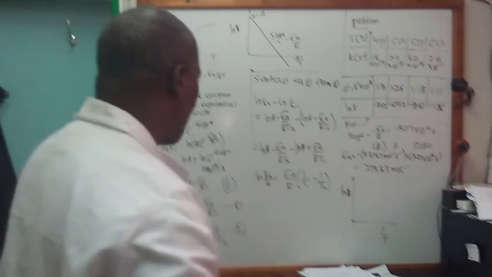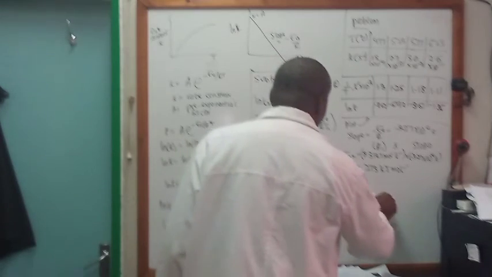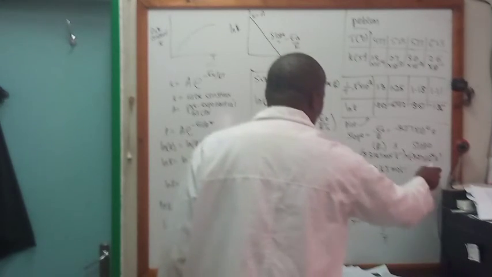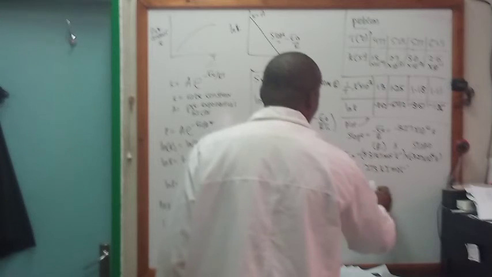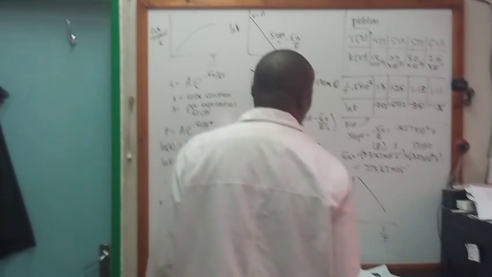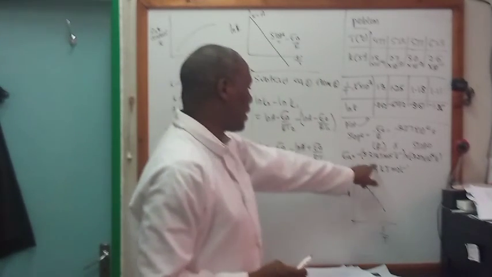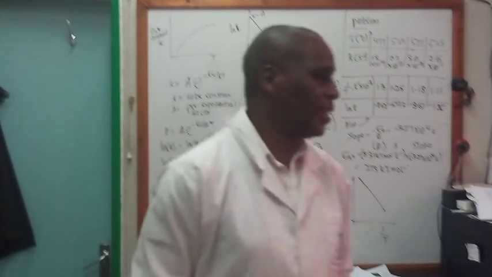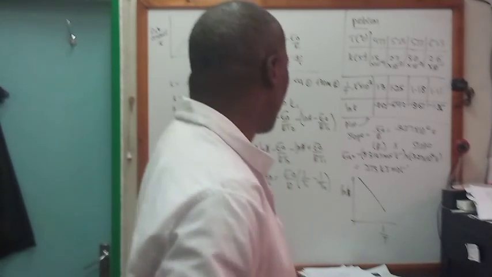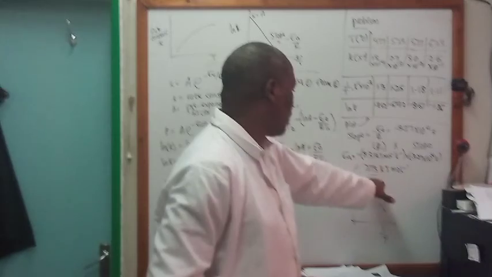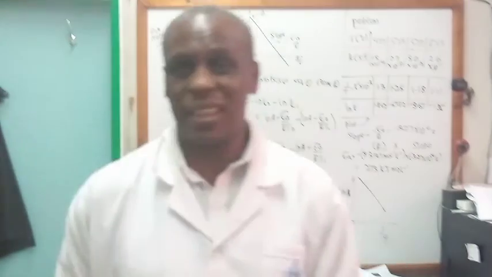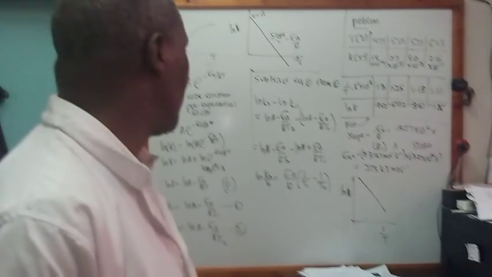Okay, so you're going to get a negative slope, so there will be the gradient there, and then I'm going to multiply by negative R to get the positive activation energy. Okay, good.